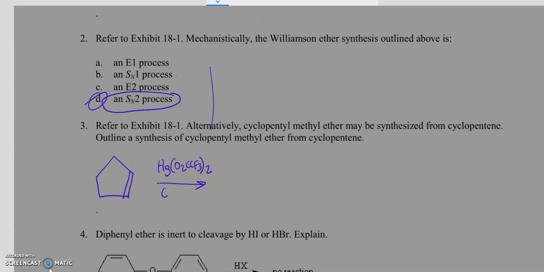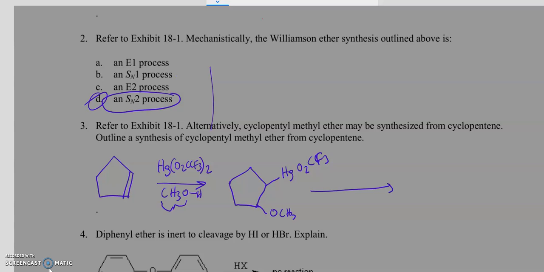And we can do it in methanol, since we want to add this alkoxy group, methoxy group, to our alkene. Once you react with this, we are getting mercury attached to our carbon, O2CCF3. And here we're going to get the methoxy. I can show it like OMe, but I'm going to make it clear that it's OCH3, right? Let's do it this way.